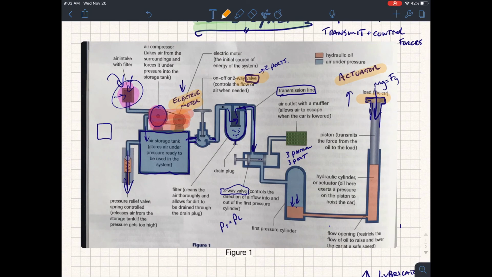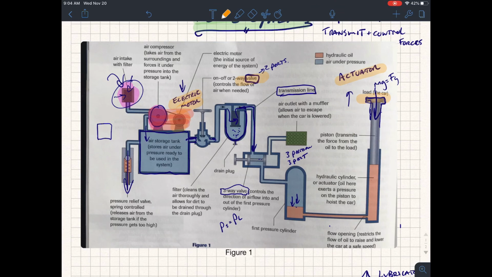I keep coming back to that because it's pretty important for you to be able to understand that fluid systems are really advantageous, and they are designed as carefully as electrical circuits are designed. Transmission lines, pipes, and hoses provide the flexibility to transfer fluid to a variety of locations.